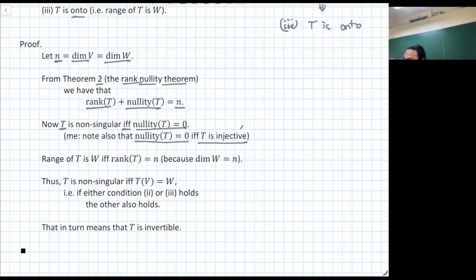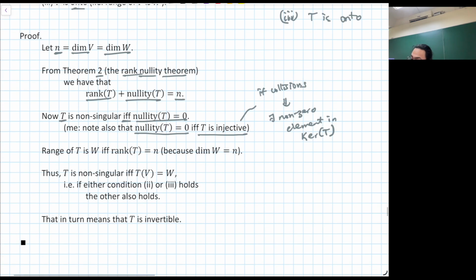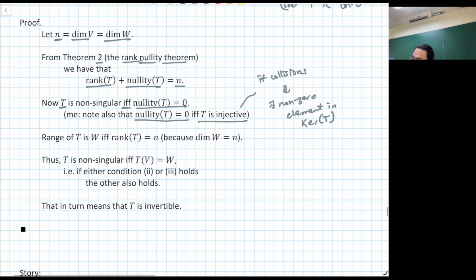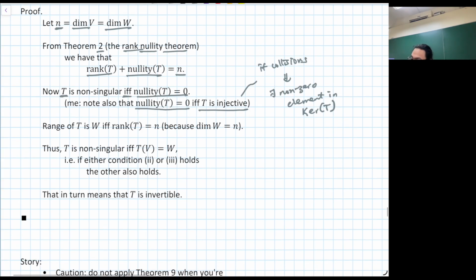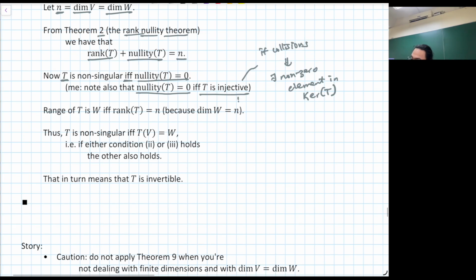Remember we discussed at length that if there are collisions, that implies there exists a non-zero element in the kernel of T, which means that the nullity is not 0. We discussed this in the last lecture. So we conclude that if T is non-singular, the nullity is 0 and it is injective, which is one-to-one.